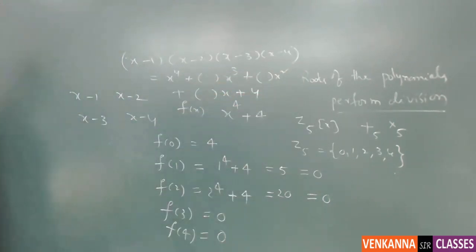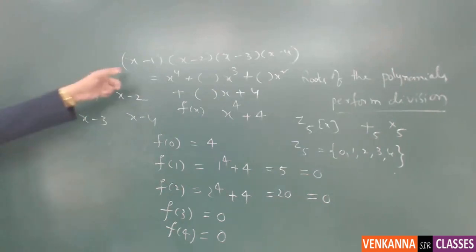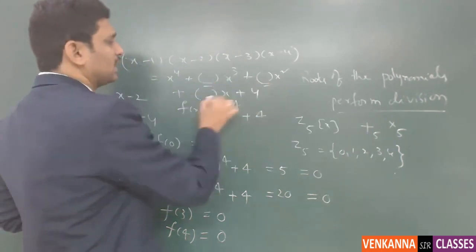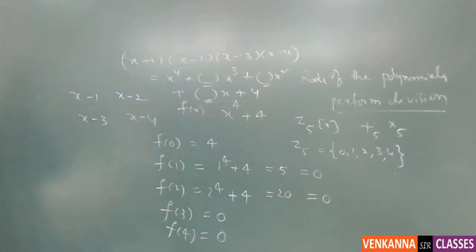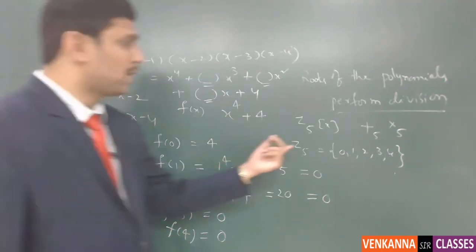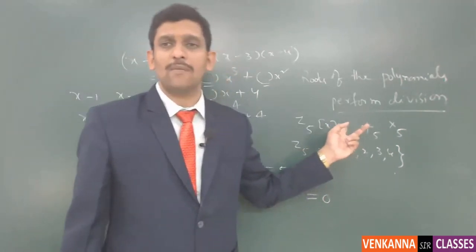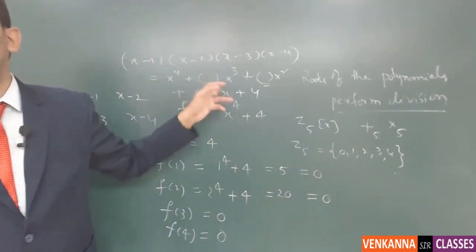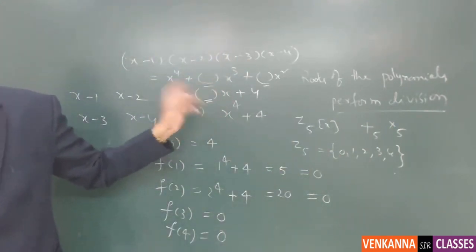This thing you will get if you multiply all these factors together. Now what happens? The coefficients here are nothing but multiples of 5. Since you are applying addition modulo 5 and multiplication modulo 5, these values will become 0 there, right? You take a note of this.